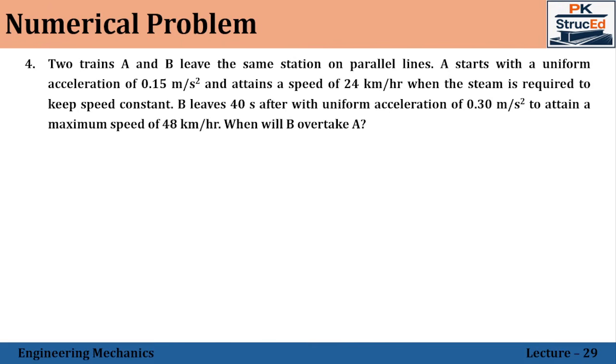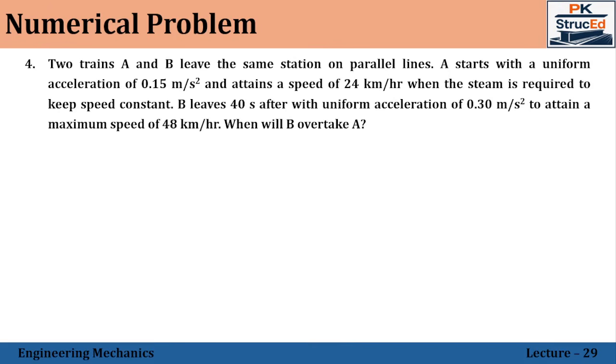Thereafter, it is going to maintain the speed constant. Whereas train B starts 40 seconds later with an acceleration of 0.3 meter per second square in order to reach a maximum speed of 48 km per hour, and thereafter is going to maintain the constant speed. So the question is, when will train B overtake train A.